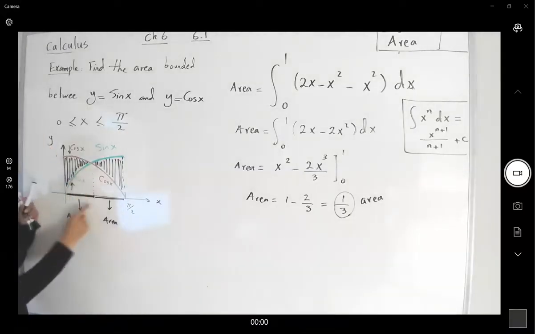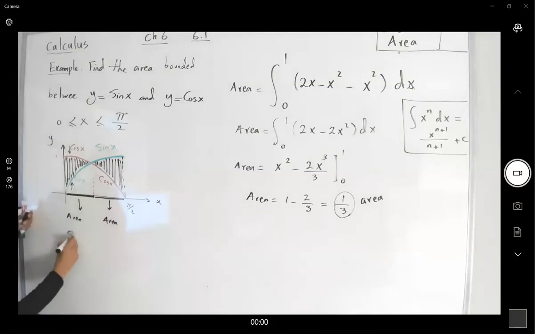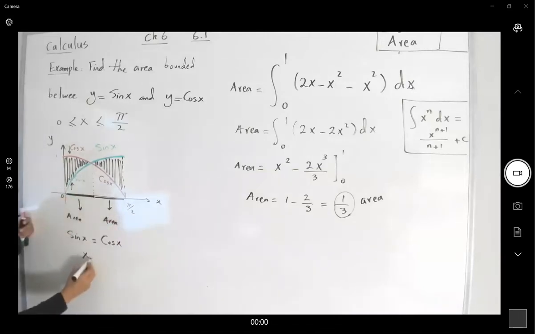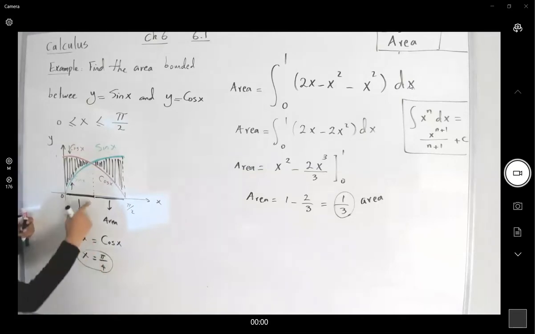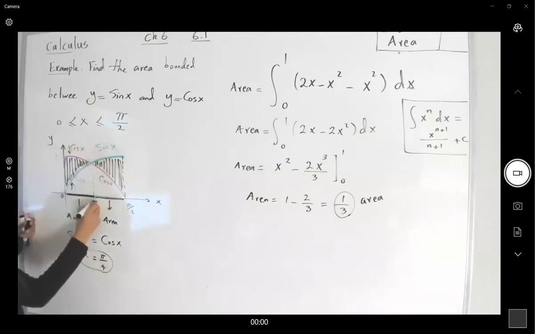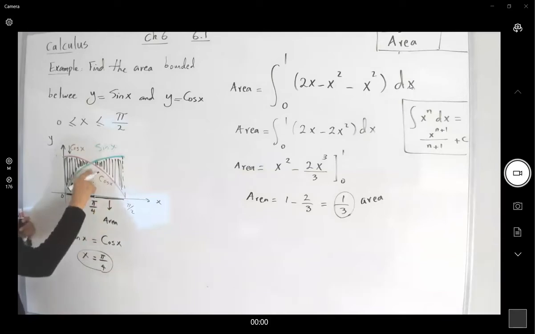So the dividing number here: sine x equals cosine x, on this domain between 0 and pi over 2, the only correct answer is pi over 4. At pi over 4, these two functions are intersecting.